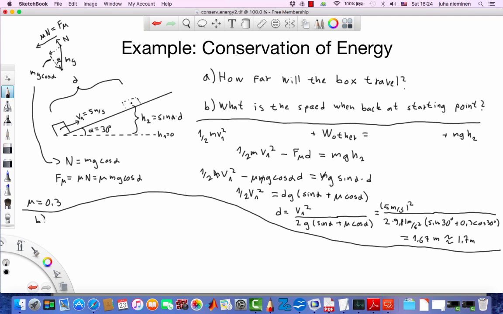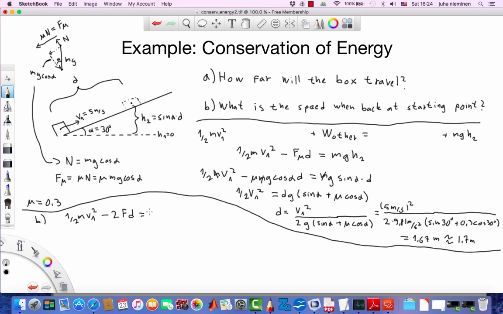For part B, we apply the conservation of energy again. Initially we have just the initial velocity, and hence kinetic energy only. And now the friction does work, that's the W other, the other work, and it's also negative, so it's 2 times F times the distance, and it's 2 times because it comes up and then comes down.